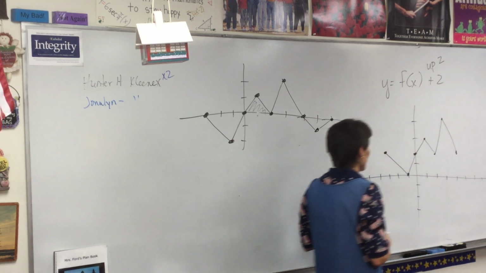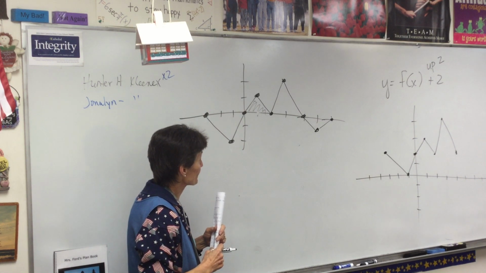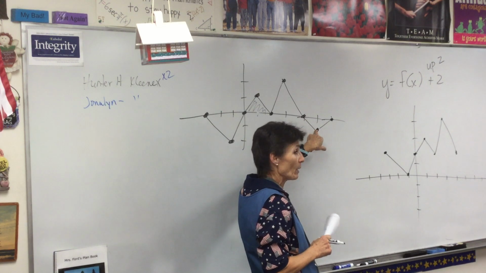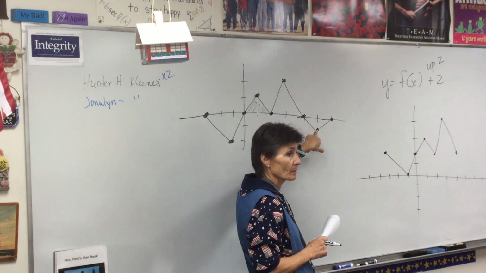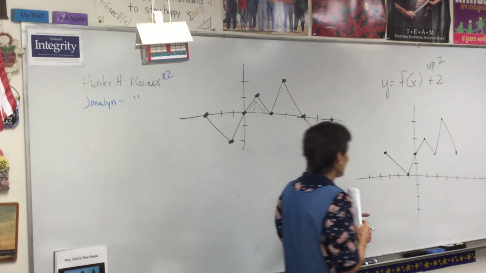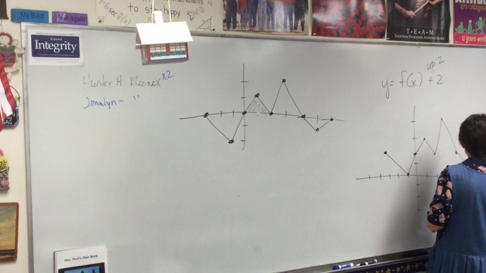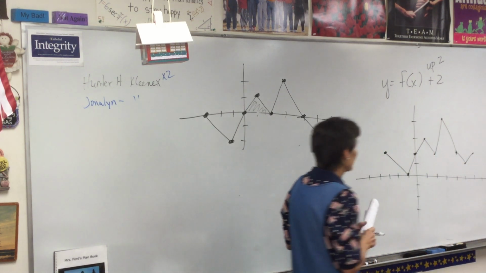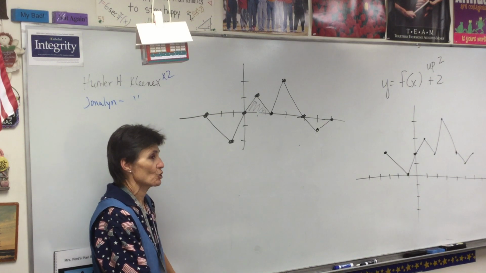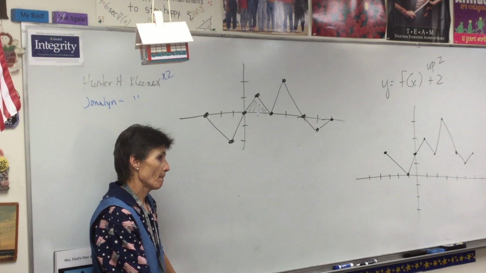So there's the big triangle. And then this one, now where is he right now? At -1. So if he goes up 2, it'll be at 1. And the other guy will be at 2. So there it is. There is your picture, lift it up 2.